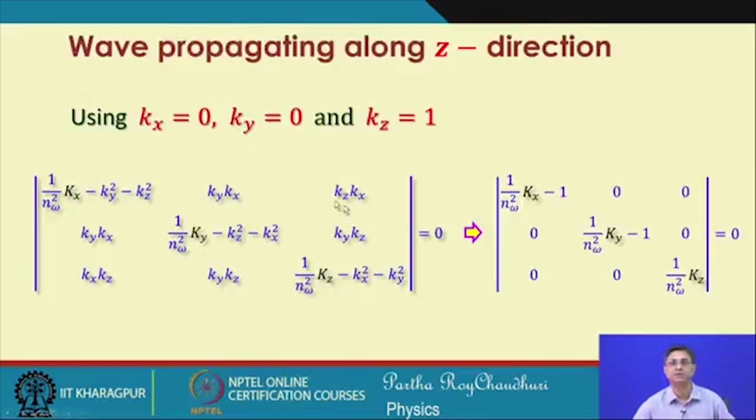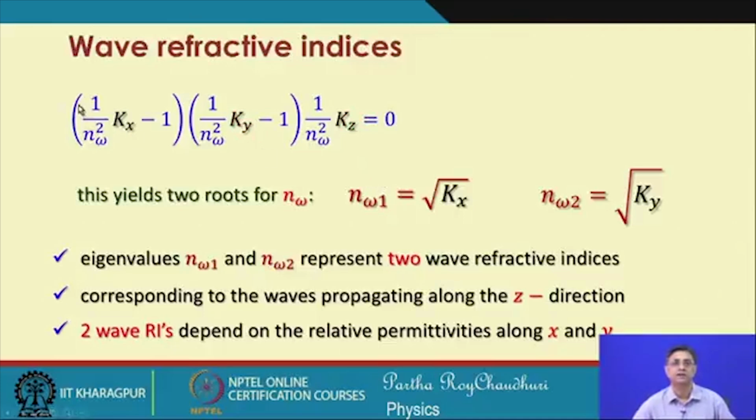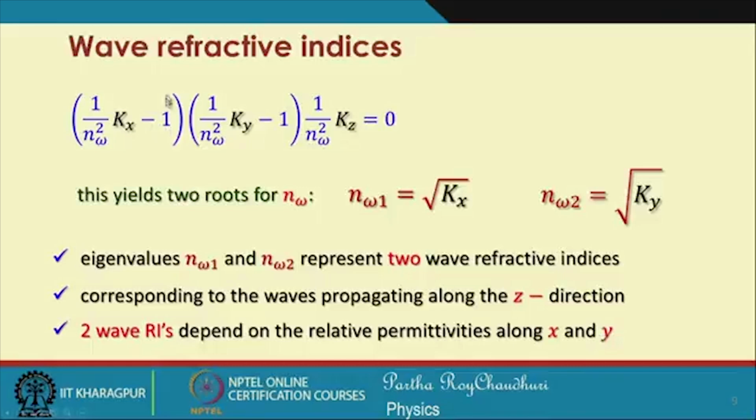So, from this equation, if I open the bracket, then I can write in this form: this quantity into this minus 0 will be equal to 0. So, I have done that: 1 by n omega square kx minus 1, into 1 by n omega square ky minus 1, into 1 by n omega square kz, equal to 0.